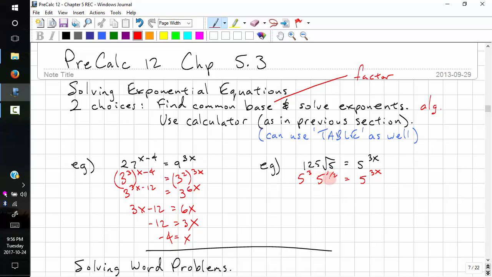So 3 plus 1/2, that's 7/2. And this is 3x. And again, we can equate the exponents because the bases are the same. And divide both sides by 3. We have x equals 7 over 6.